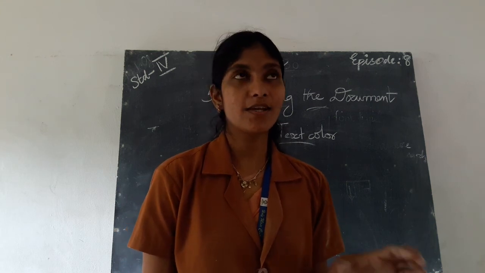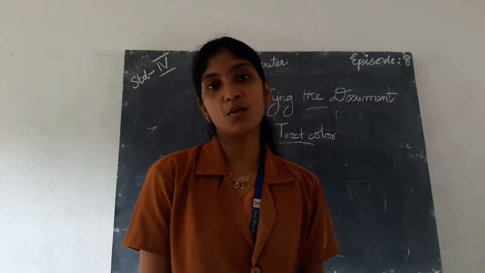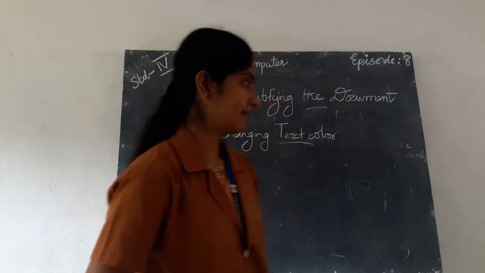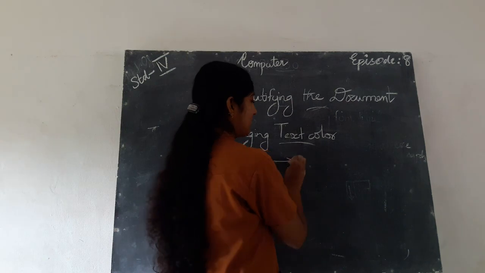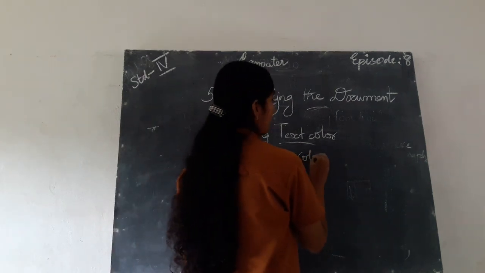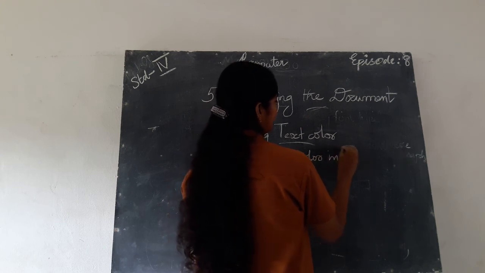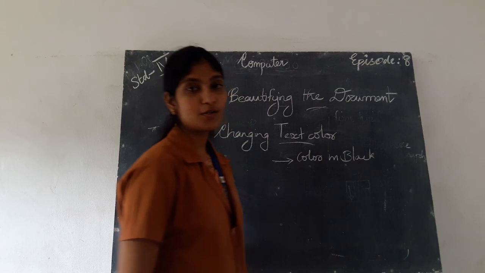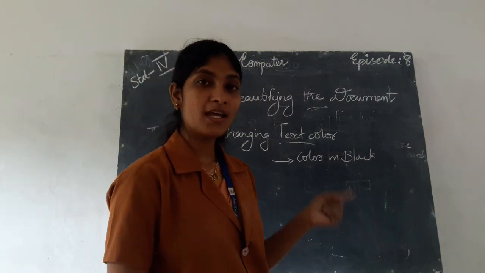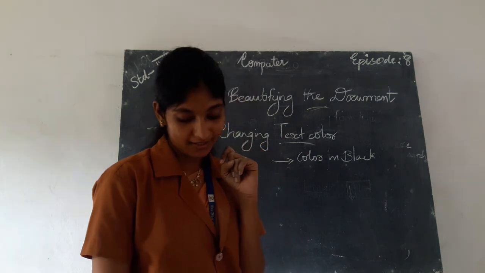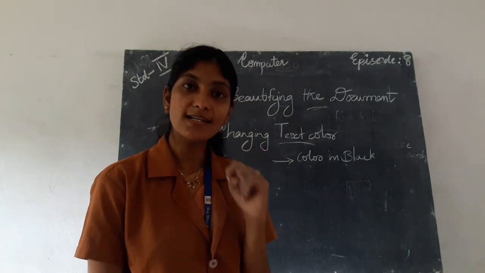For example, if we type any text in a document, you can see the letters are in black color, right? If you want to change this black to any other color for your text, you have an option, that is changing text color.